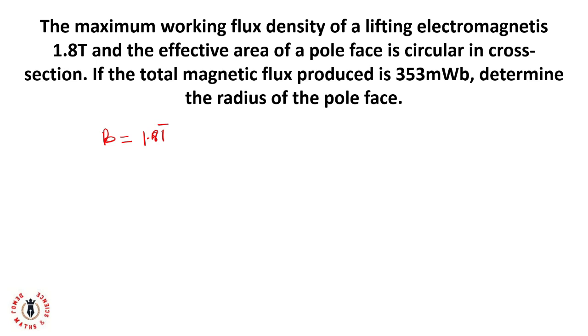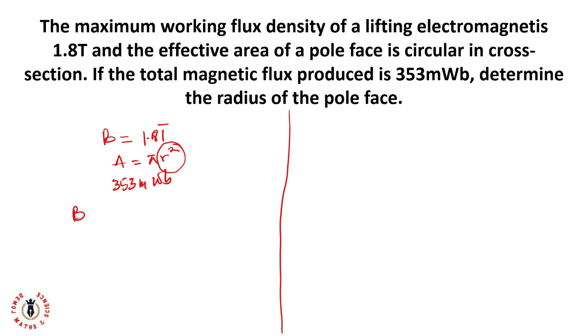And the effective area of a pole face is circular in cross-section. That means what we're dealing with here is a circle, and my area will come from pi r squared. If the total magnetic flux produced is 353 milliweber, determine the radius. Then I'm to determine the radius, that's r.